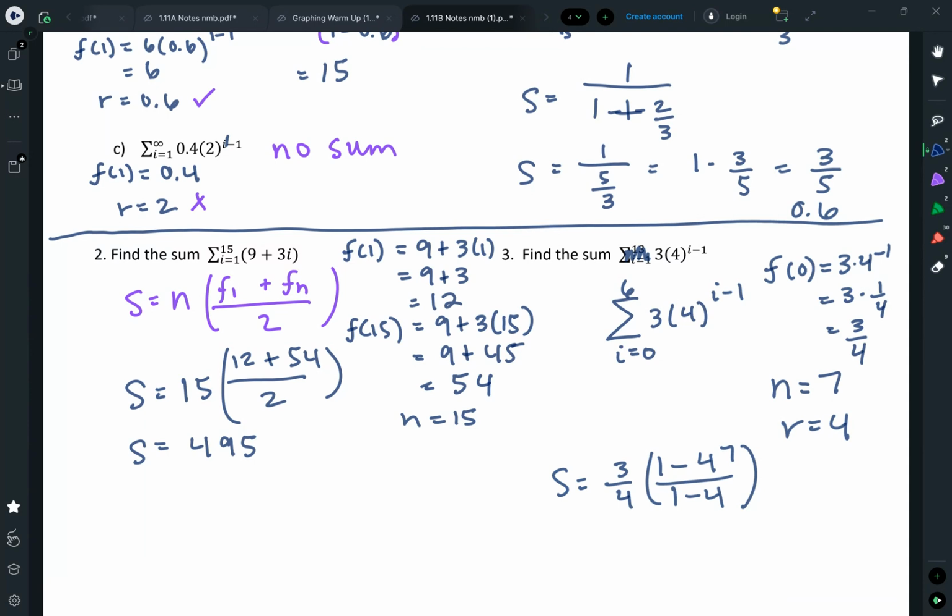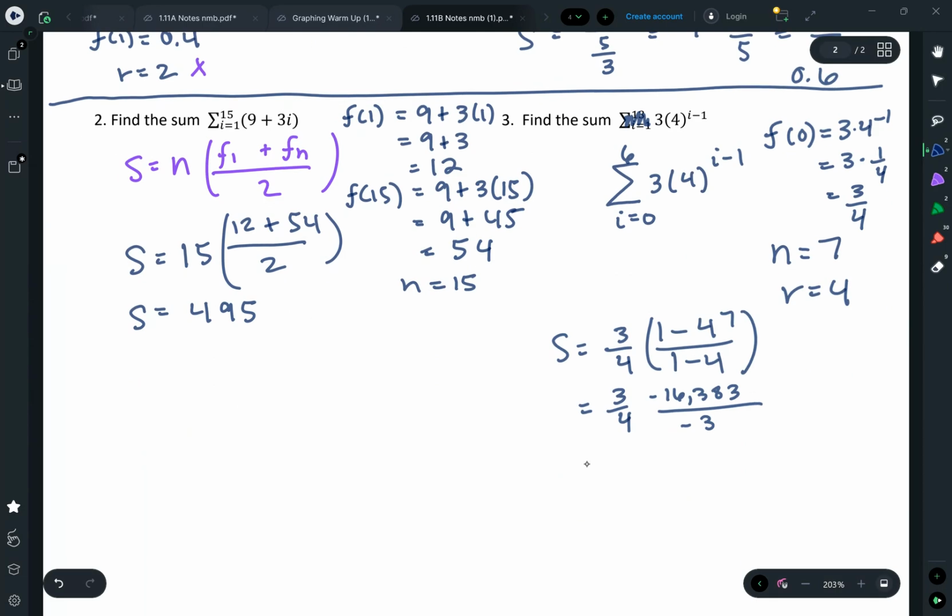So my numerator, now I have 3/4 times negative 16,383, and then we're dividing by negative 3. So I'm going to press equals, divide by negative 3, which is a beautiful whole number, 5461.